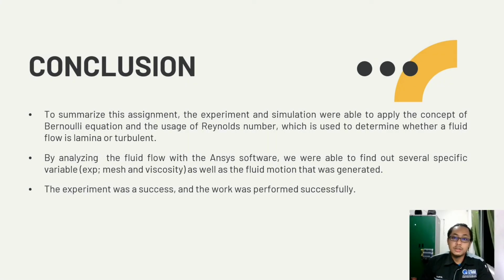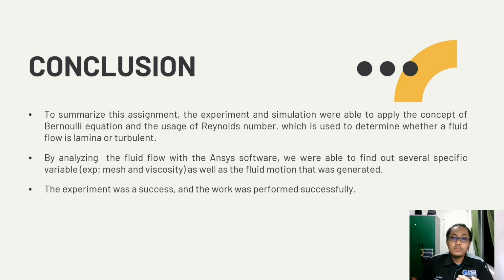In summary, using the experiment and simulation, we were able to apply the concept of the Bernoulli equation and the use of the Reynolds number. Of course, we also checked the Moody chart, which is used to determine whether the flow is laminar or turbulent.